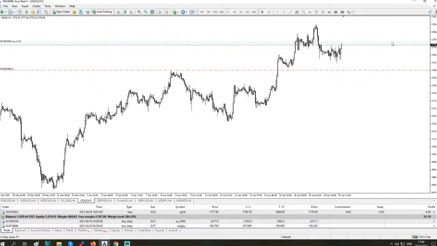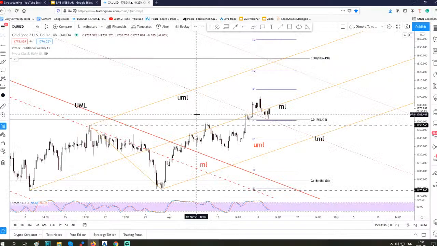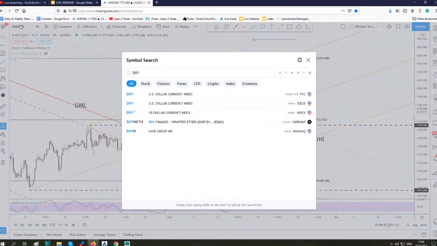So it could jump higher, and if it closes here on the 4-hour chart right below the medium line, then it could continue maybe with a potential target here at the R1. If the price jumps and stabilizes right above the medium line, then it could continue higher. And let me take a look here at the dollar index again.